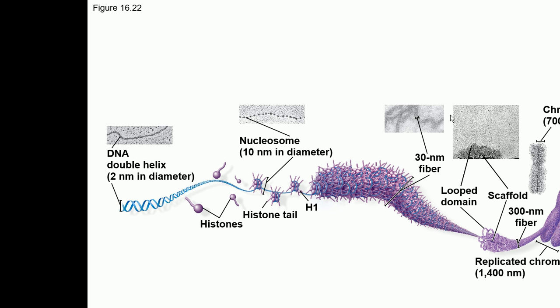The chromosomes are duplicated, and they have 2 sister chromatids. The diameter of each chromatid is around 700 nanometers. So if it is a replicated chromosome, there are 2 chromatids, and the diameter is around 1400 nanometers.